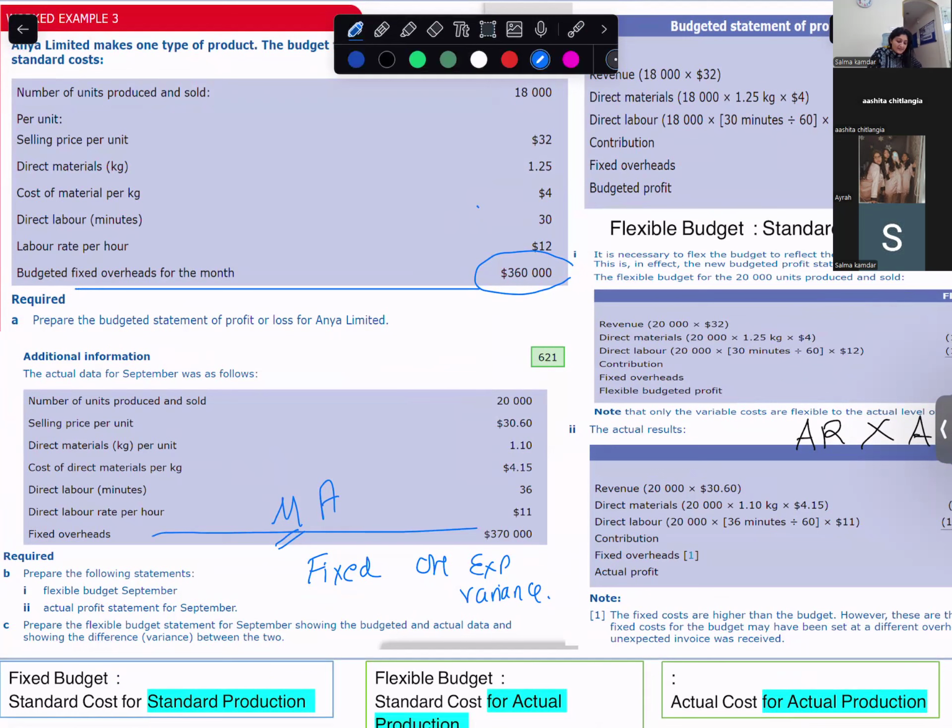That means you expected that you would spend 360,000, but you ended up spending 370,000. So fixed overhead expenditure variance is 10,000. Favorable or adverse? Adverse, because you spend more.